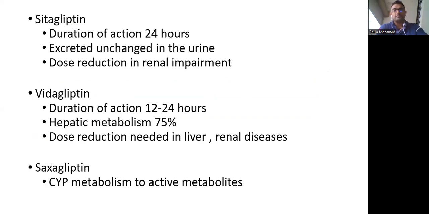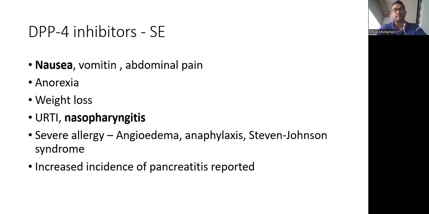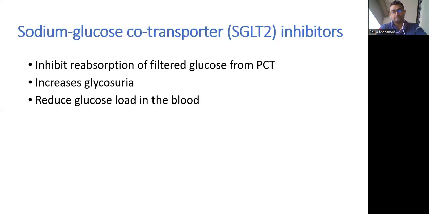Just go through these and remember these facts: the duration of action, the mode of excretion, and whether you need a dose reduction in renal impairment or liver disease. The few side effects are nausea, anorexia, weight loss, nasopharyngitis, and allergic reactions. An increased incidence of pancreatitis has also been reported.